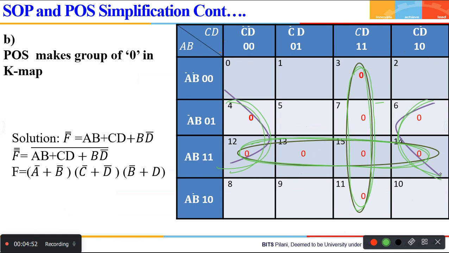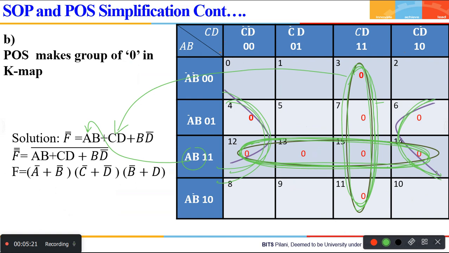Can you tell me what is the expression corresponding to this group? CD. So this is CD. What is the expression for this? Expression for this is going to be AB. Similarly, what is the expression for this?